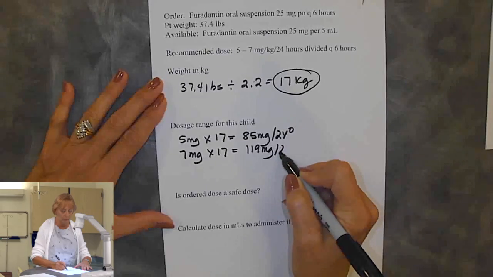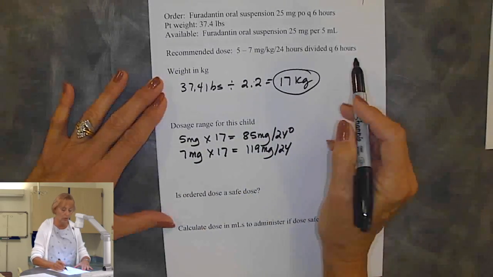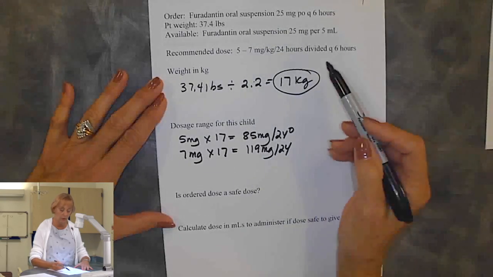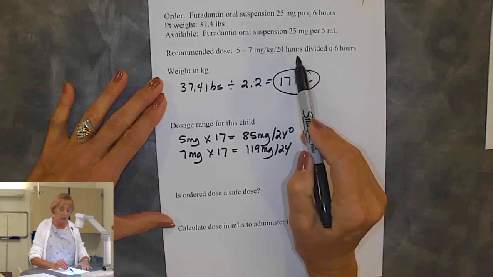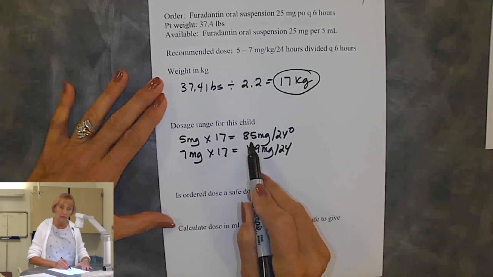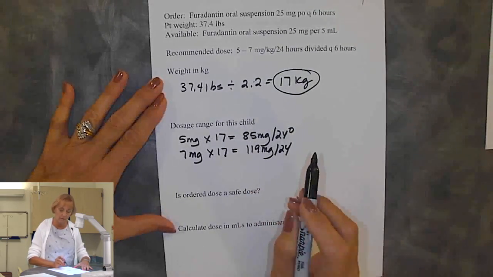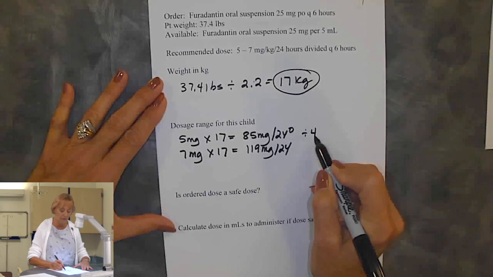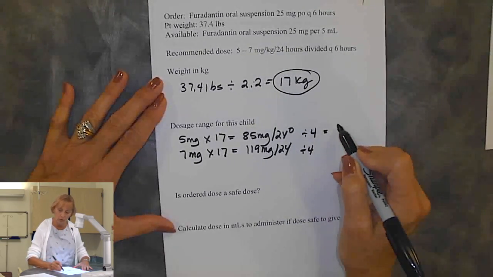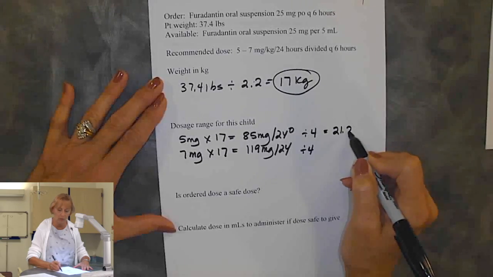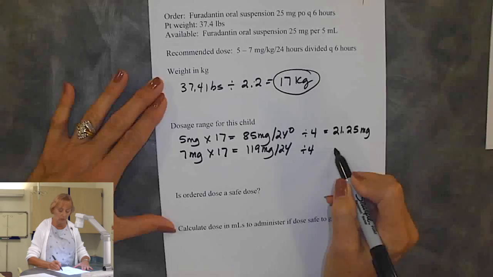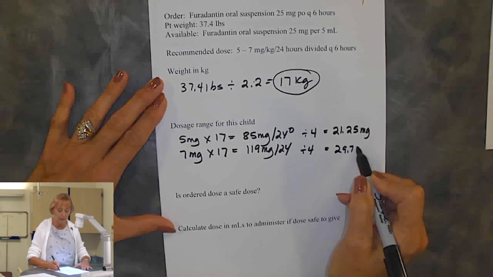But your question wants to know, is this dose of 25 milligrams a safe dose? So your order is for every 6 hours. So you're going to need to divide this 85 milligrams by 4. So if you divide that by 4, your single dose will be 21.25 milligrams, and your 7 milligram will be 29.75.